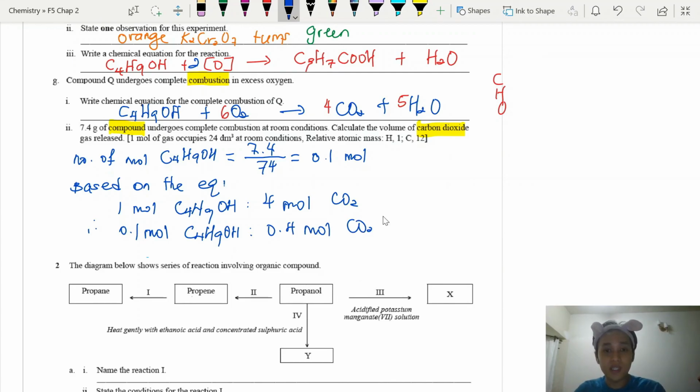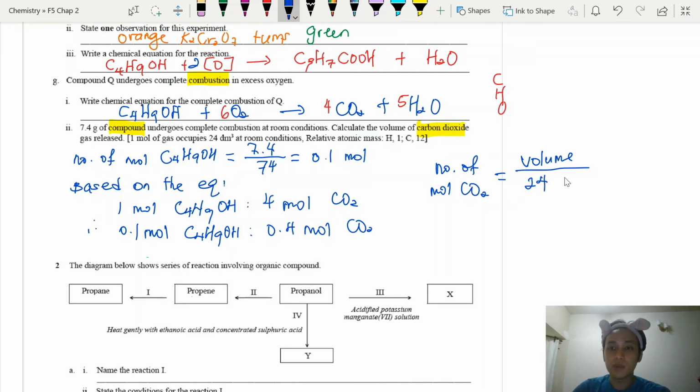Now once you have the number of moles of your carbon dioxide, you can calculate your volume. Remember, number of moles of carbon dioxide is equal to volume divided by the molar volume. Molar volume is always given. In this case it is 24 dm cube.